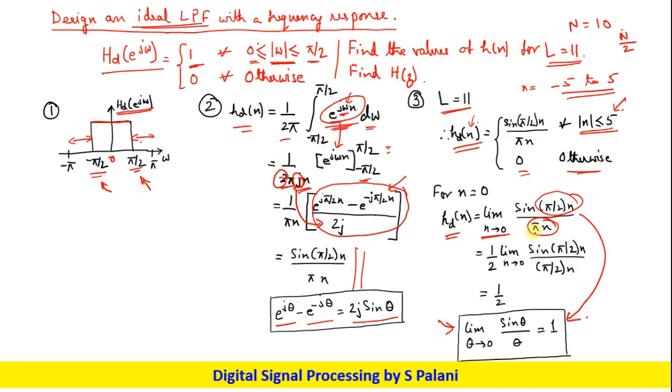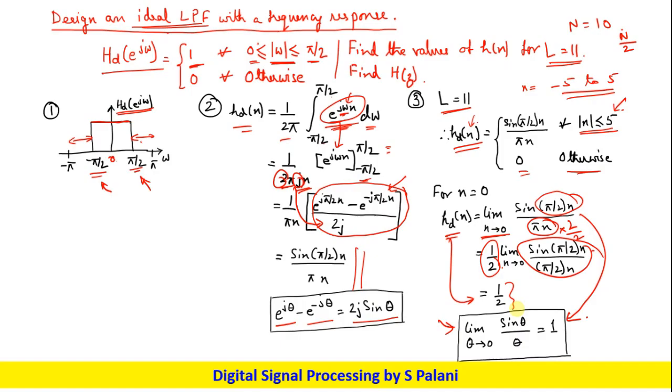You multiply the denominator with 2 and divide by 2. So this 2 comes out, so you get half, and then you get limit n tending to 0 sine theta by theta. So this becomes 1. So your HDN for n equals to 0 becomes half. Okay, so you have got the point for 0.